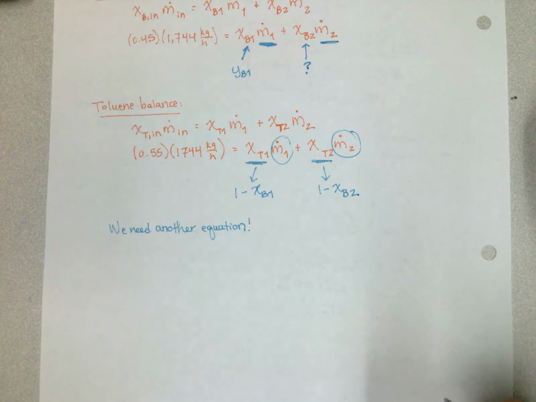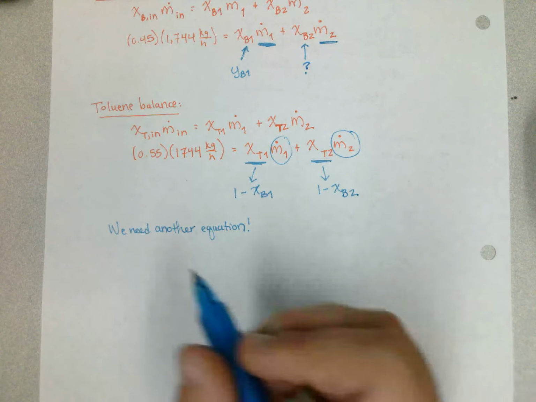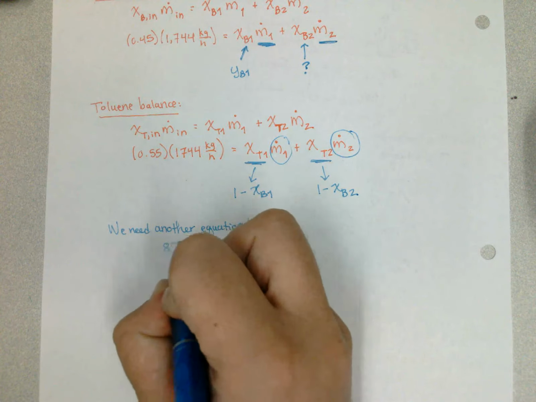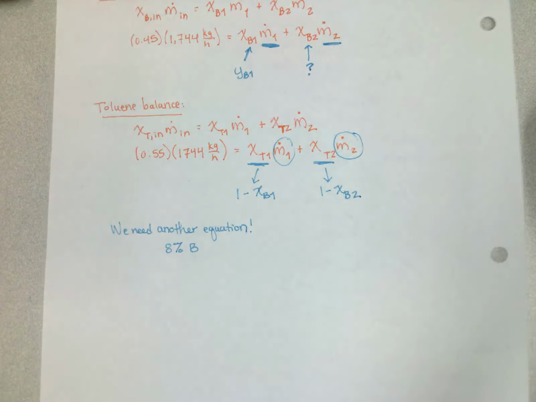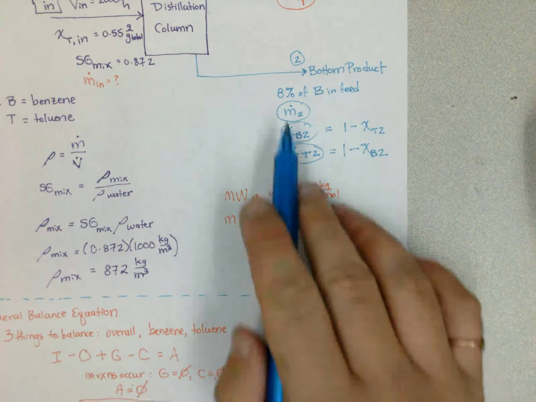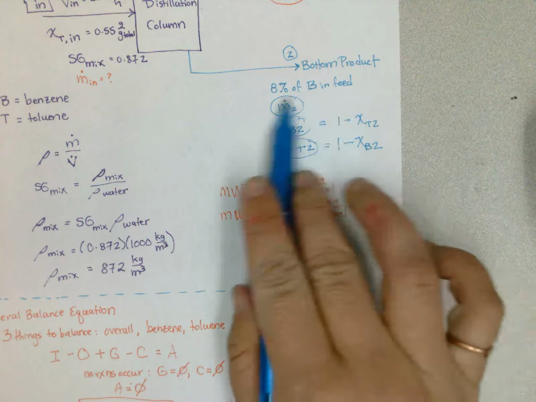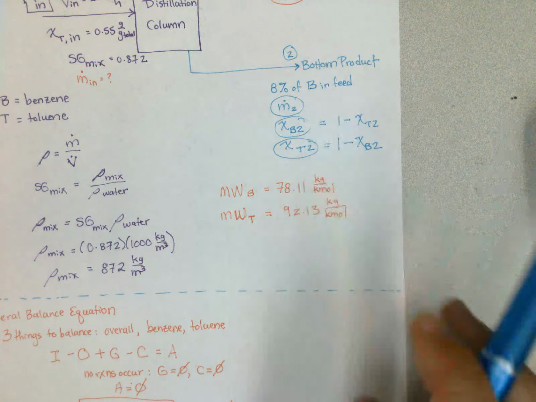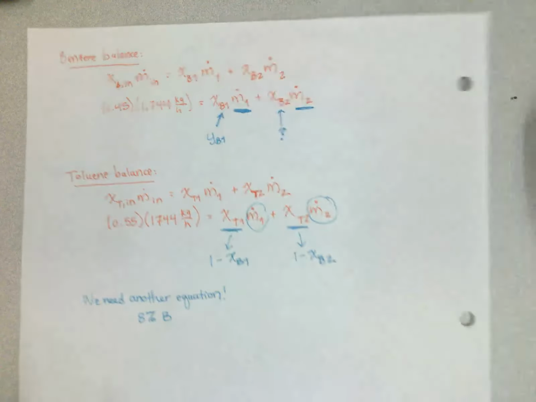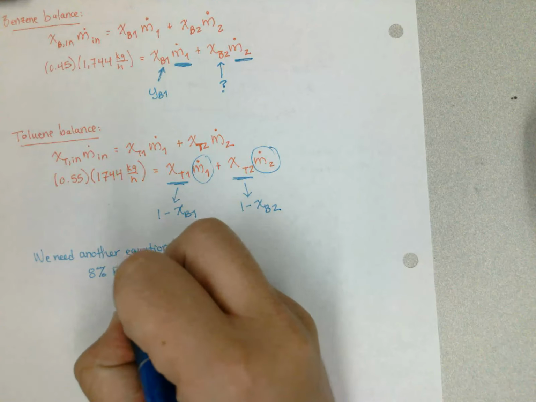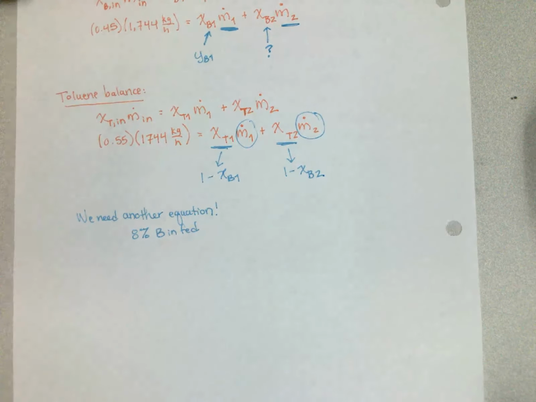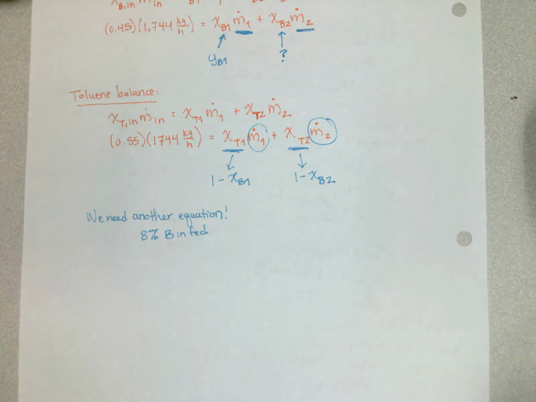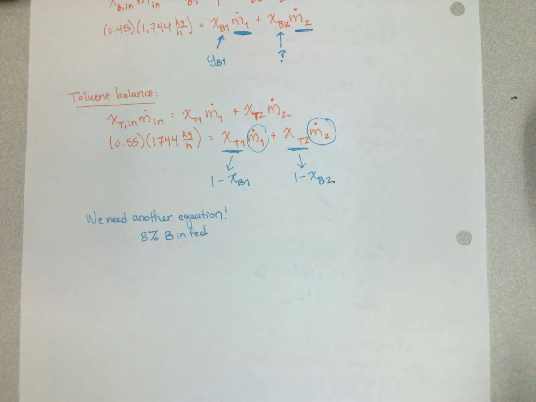So the other thing that we talked about was that 8% benzene, right? That number, so let's flip over to our diagram. This is 8% of the benzene in the feed. So we need to think, what does that mean in terms of something that we have?